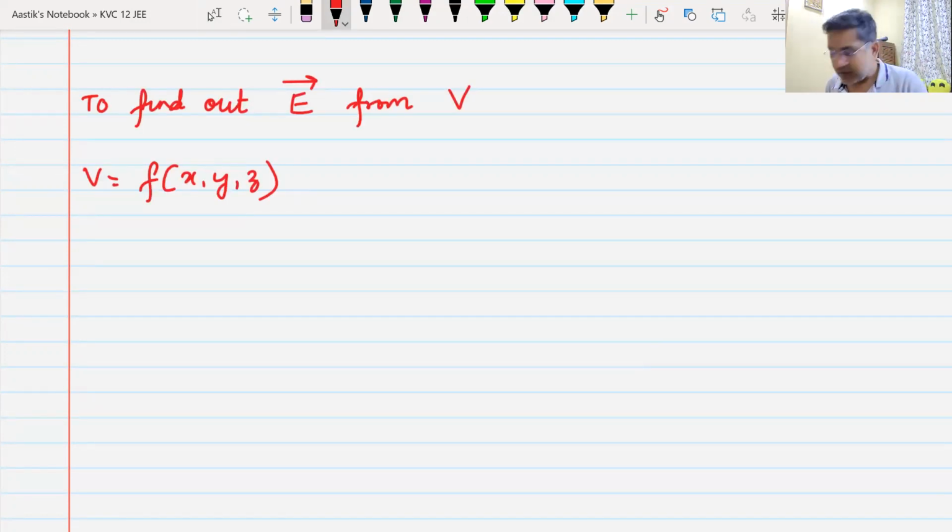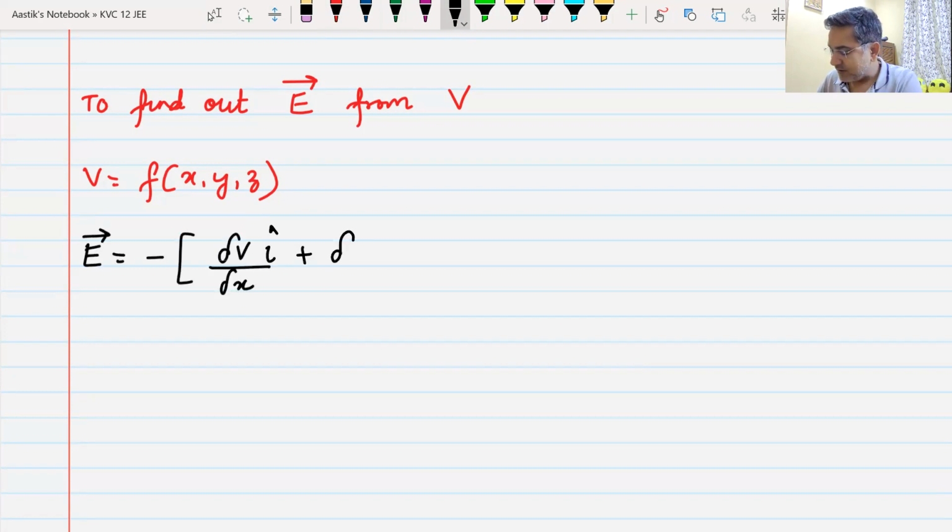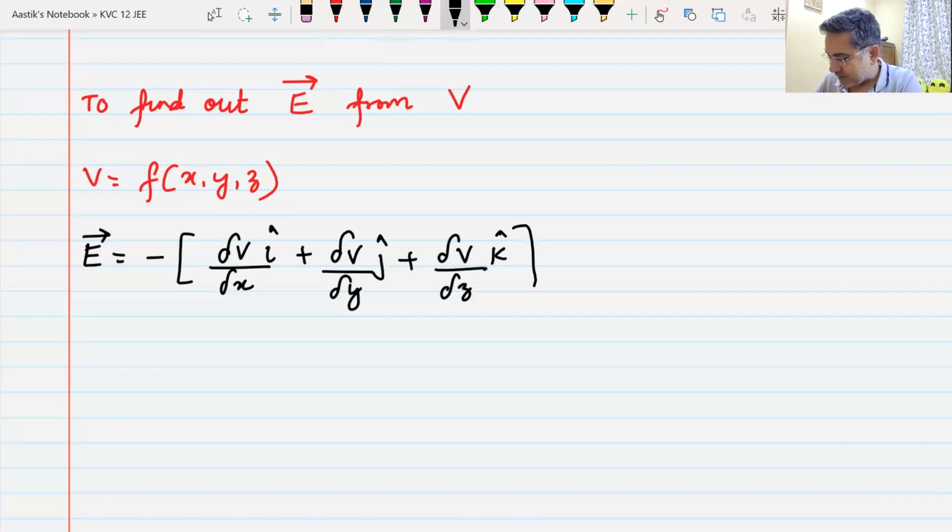What you got to do? You have to calculate field. You don't have to understand how this comes. You just have to remember that this electric field is minus of del V by del X i plus del V by del Y of j plus del V by del Z times k, with a negative sign.